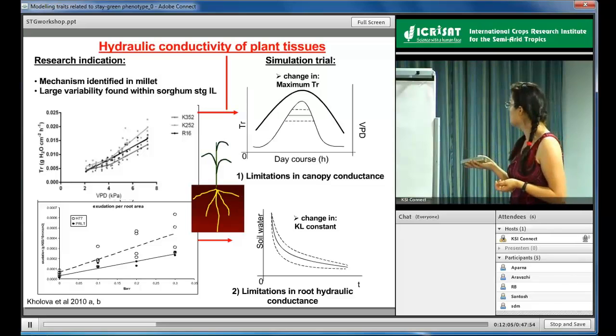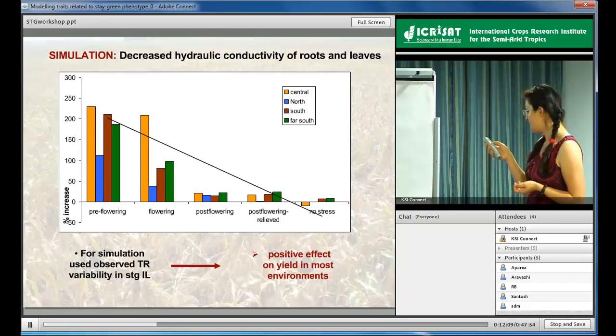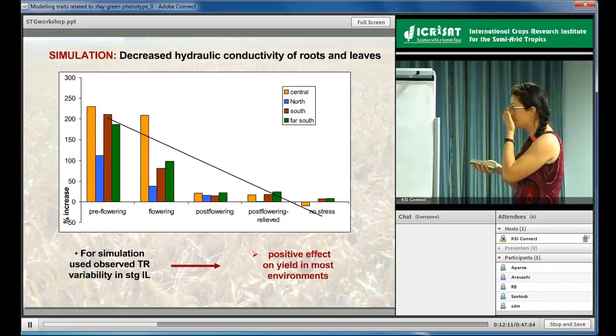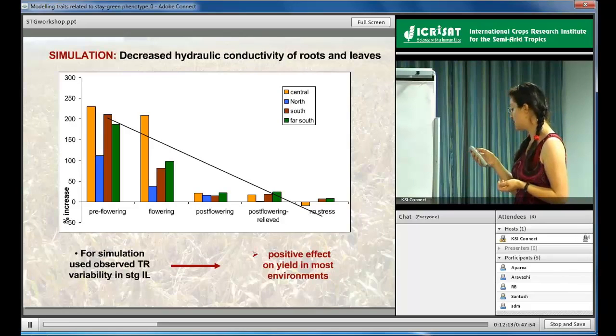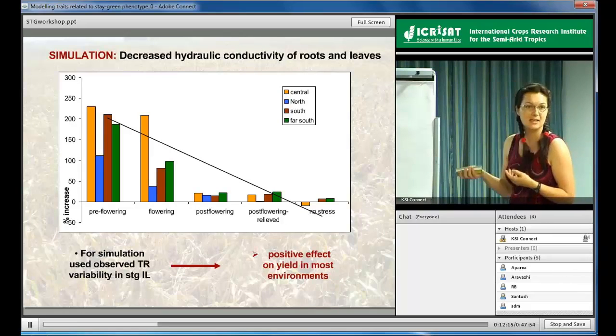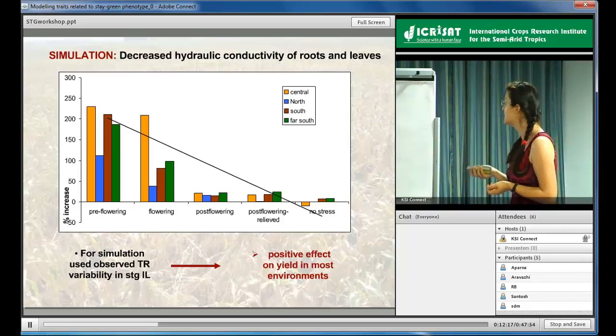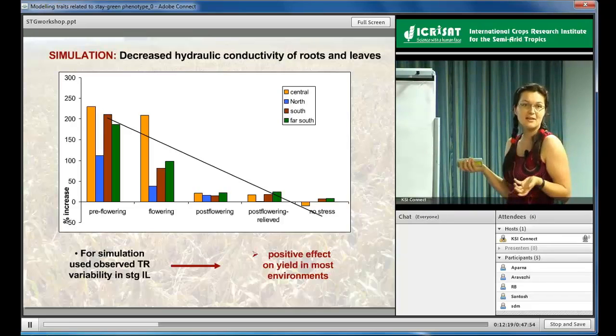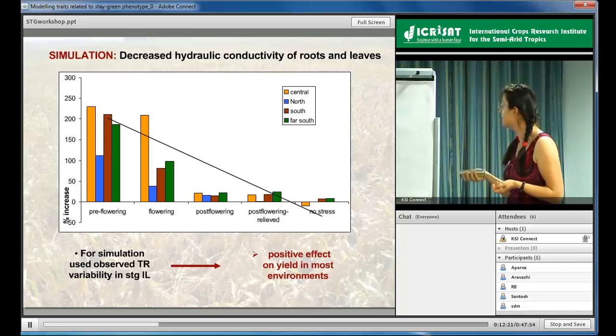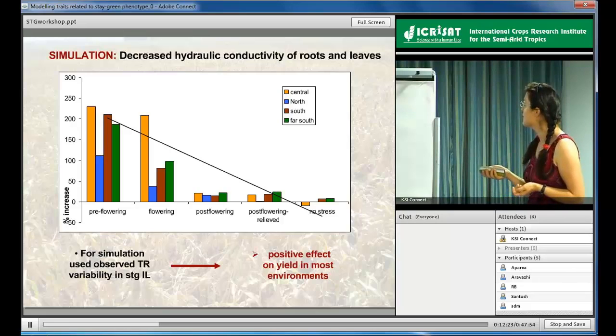So I will just show you an example of what happens when we introduce this trait to the Maldandi original sorghum genotype. You may agree with me that it looks quite reasonable. Here on the x-axis you have various stress scenarios.